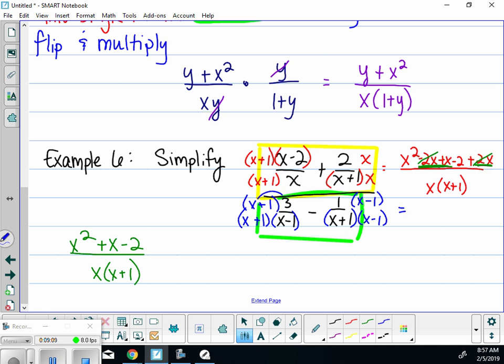So if I distribute, I'll have 3x plus 3 minus 1 times x is x, minus 1 times negative 1 will be a plus 1, and that's going to be over x plus 1, x minus 1.